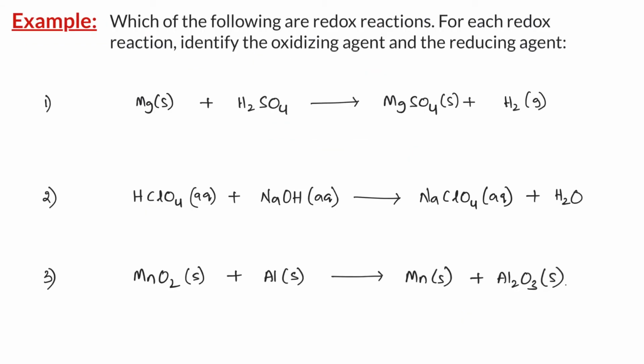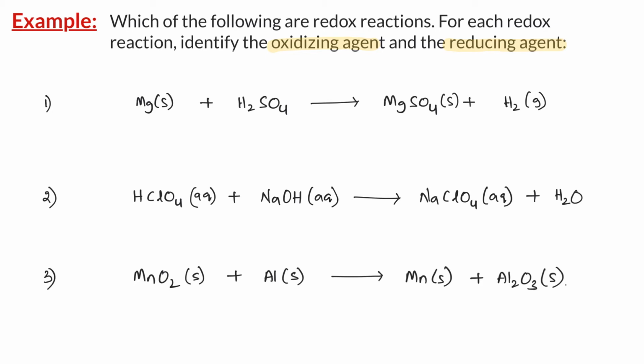Let us do an example. Which of the following reactions are redox reactions? And for each redox reaction, identify the oxidizing agent and reducing agent. To answer this question, first we need to assign the oxidation numbers for all the atoms in each of the reactions.